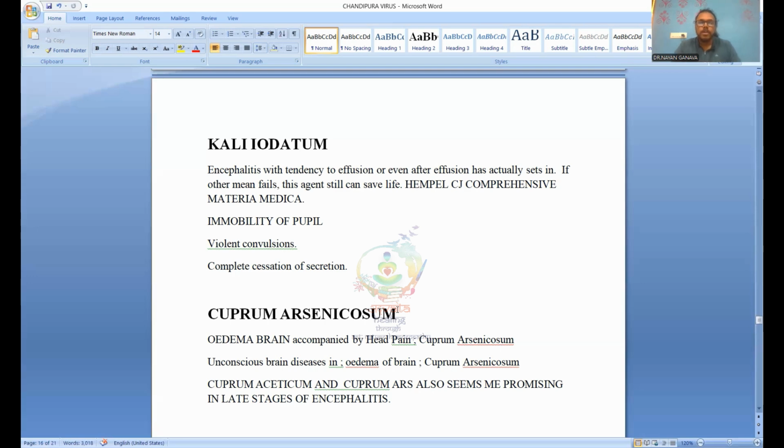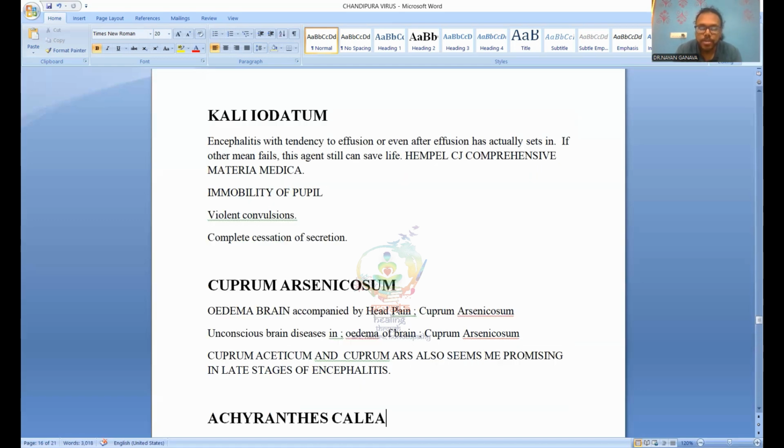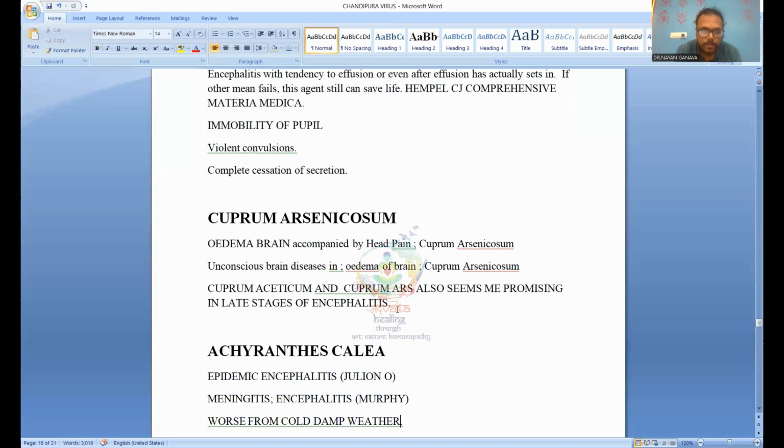There will be immobility of pupil, violent convulsion and complete cessation of secretions. All sorts of secretion have ceased. This is the complete indication of Kali iodatum in encephalitis.